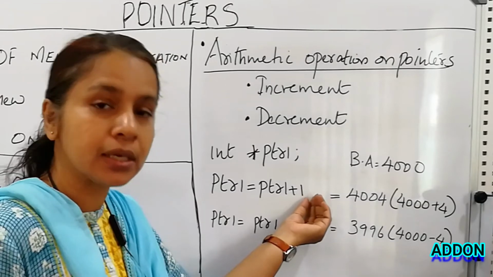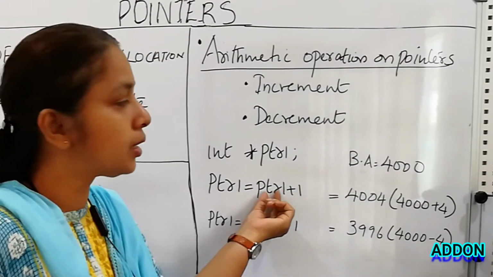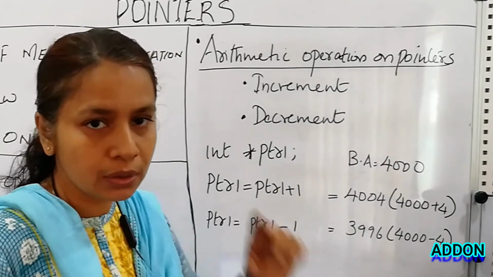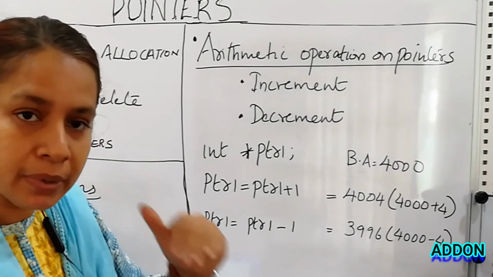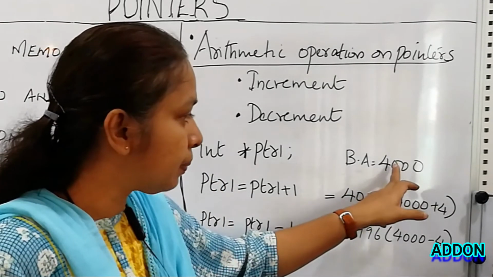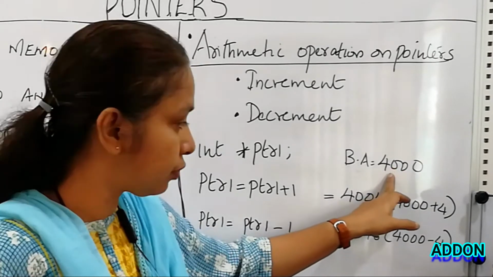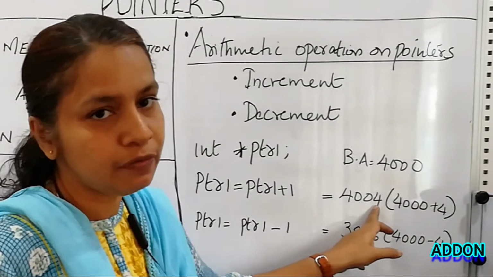So 4 bytes will be added to the present base address of ptr1. Consider the base address of ptr1 is 4000. So the current memory address of ptr1 will be 4004, because the previous base address was 4000 plus 4, the answer will be 4004.